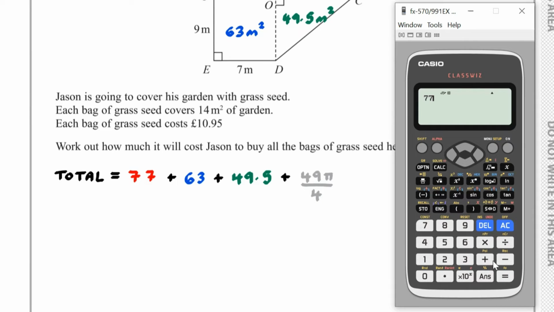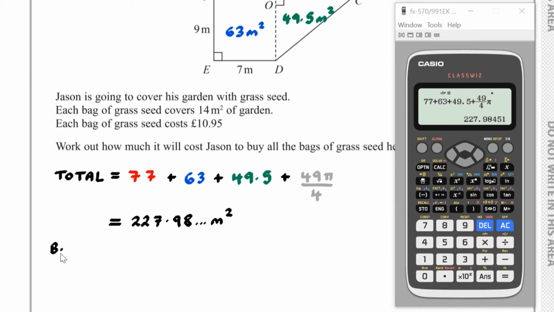So if I add these together, it turns out the total area is equal to 227.98 etc. meters squared. So now what we can do is find out how many bags we need.